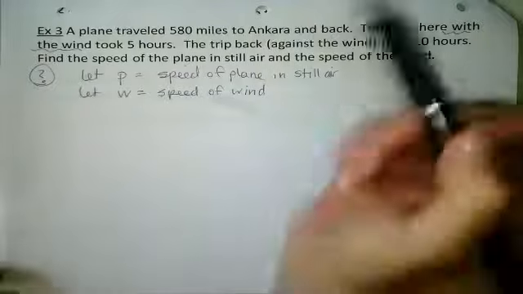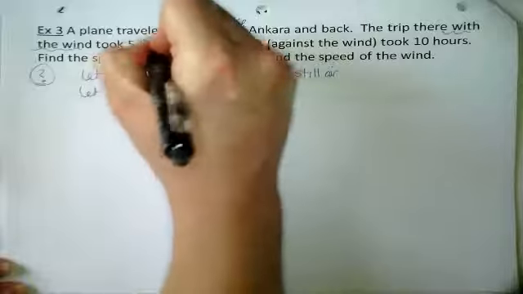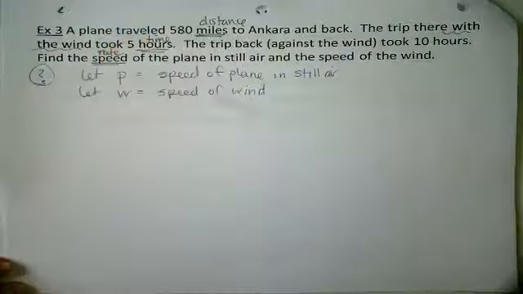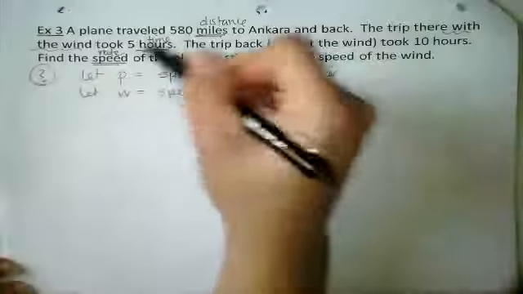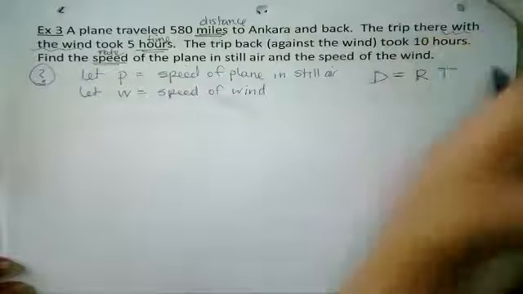The other thing that is important to talk about here is that we have miles, which is a distance. We have hours, which is time. And we're trying to find speed, which is also known as a rate. So we have distance, rate, and time, otherwise known as distance equals rate times time.